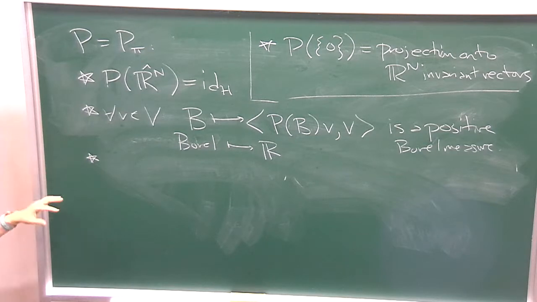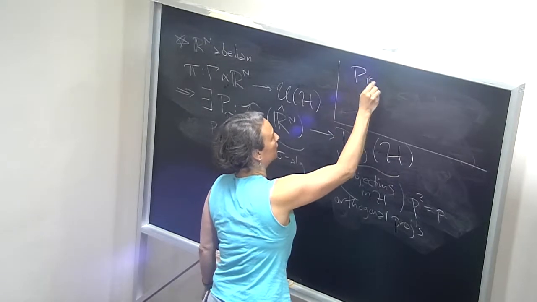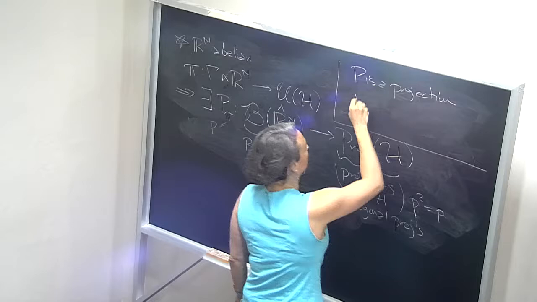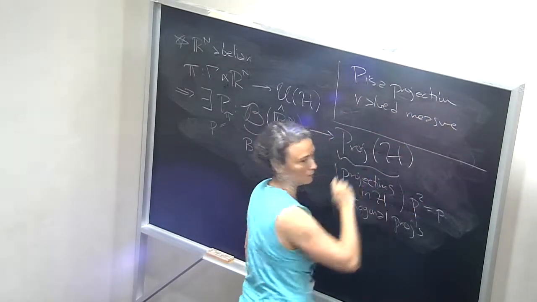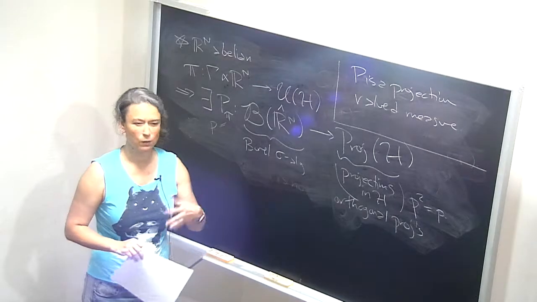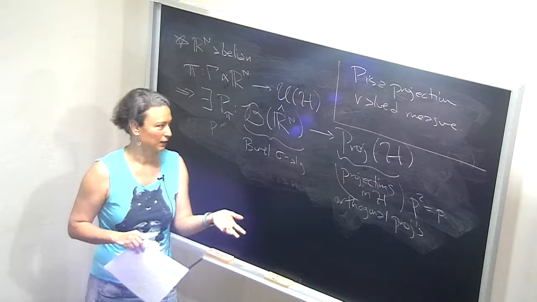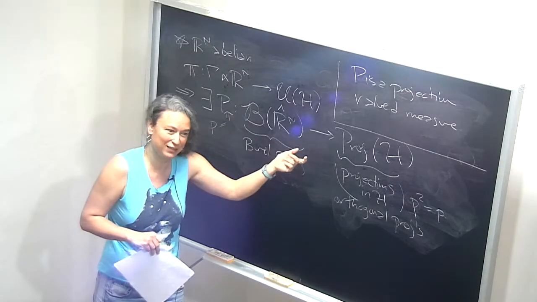But before that, I just want to summarize why this is called, I didn't write it down. Sorry about that. So P is a projection valued measure. Okay. So what is a measure? It takes Borel sets to numbers, right? Well, this one doesn't take Borel sets to numbers. It takes Borel sets to projections.